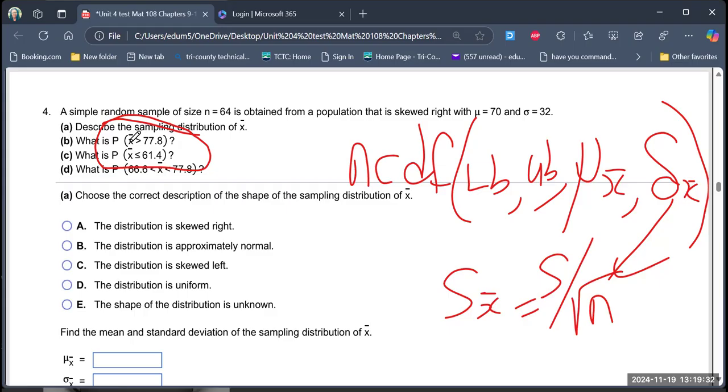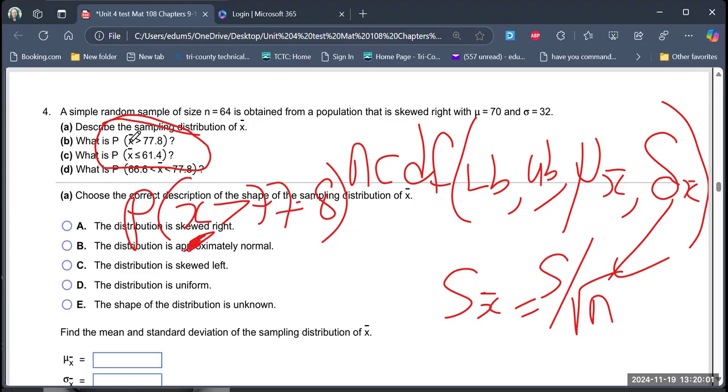You could be given the area under the central limit theorem or the area under the ordinary normal curve. If the question is about the area under the ordinary normal curve, then it will be: find the probability that x is greater than 77, without any bar on it.